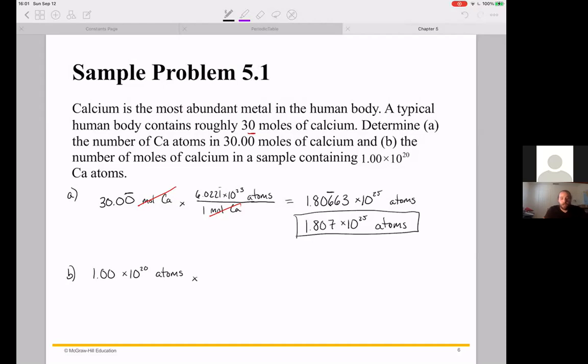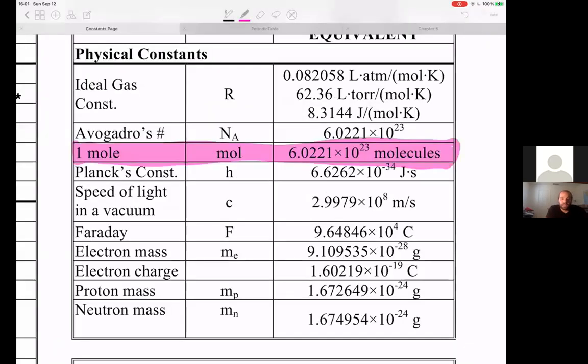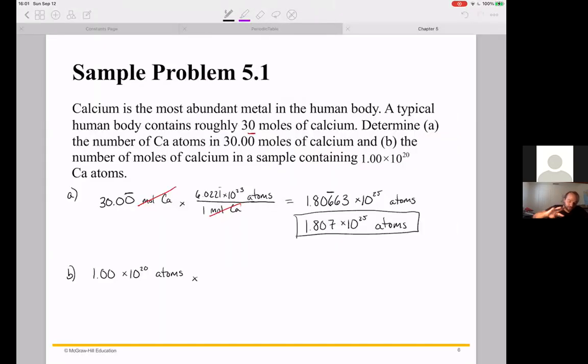And then I'm going to use this conversion factor that I'm going to grab from my constants page here. But this time I'm going to flip it compared to what I used before, because now I want atoms to be on the bottom. So 6.0221 times 10 to the 23rd atoms over 1 mole. So I punch that into my calculator.